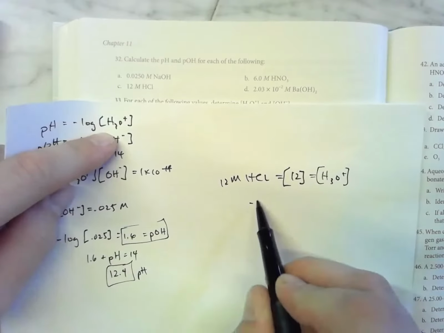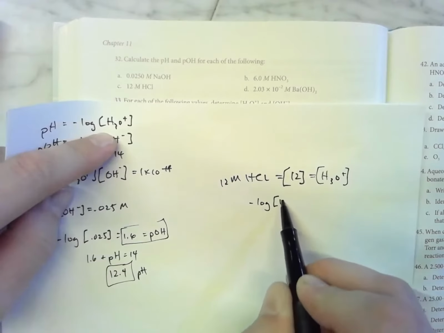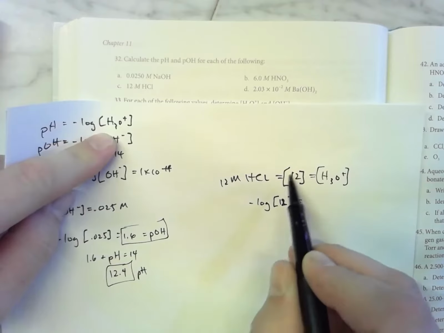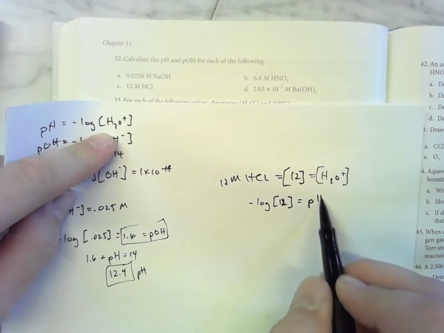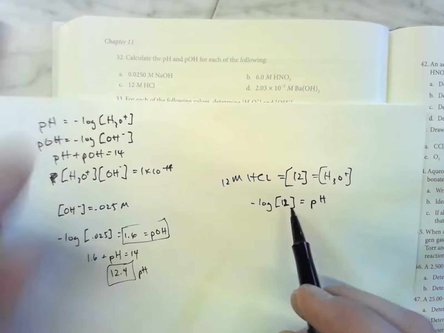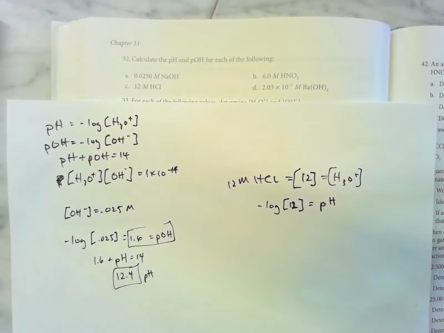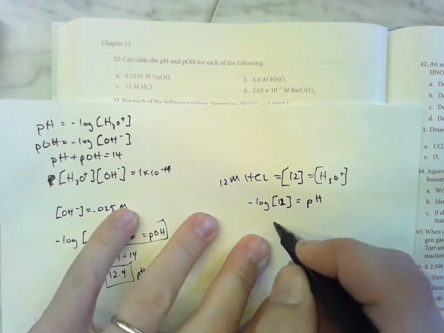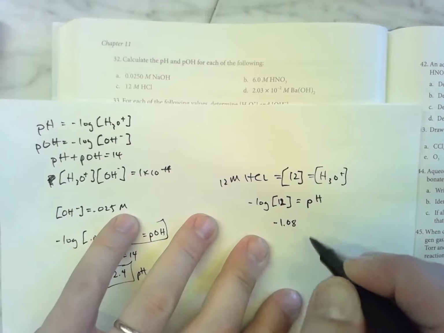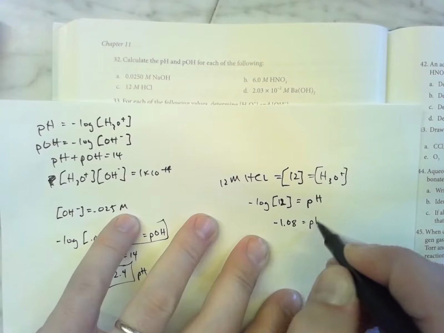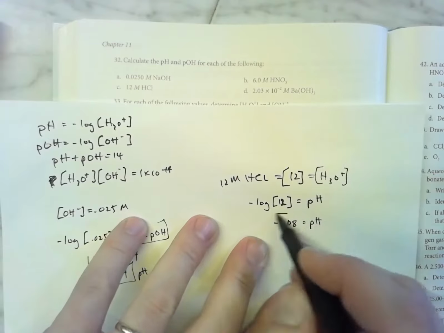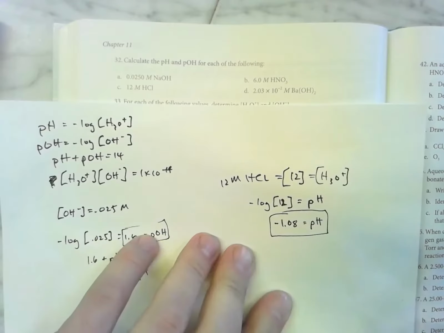So we're going to say negative log of 12. What's that going to be? This is an H plus concentration. That's going to be our pH. All right? And this is going to be a weird number, I think, because it's going to be negative. Yeah. So the pH is actually negative 1.08. That's okay. You should be suspicious if you have too many of those, but I may give you a couple.